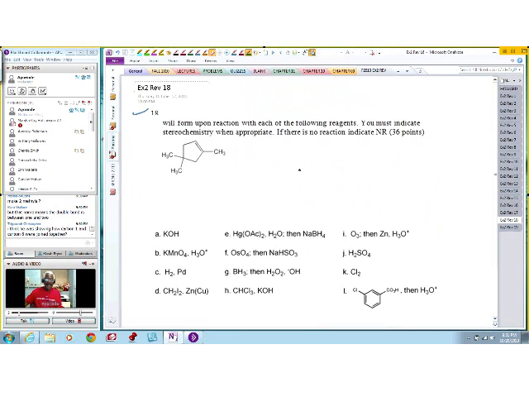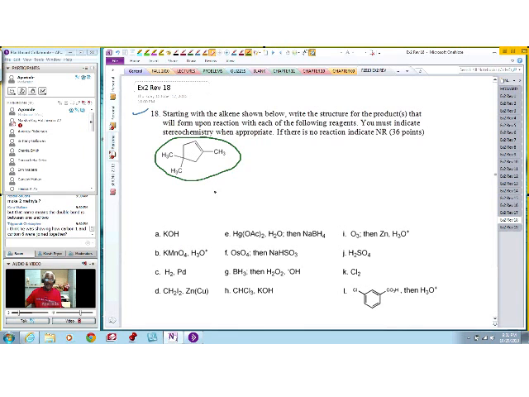Okay, so let us look at this here, 18, and I believe it was Danushika that read that question for us. Thank you. Okay, now what do they have here? They want us to start with this here, and use any one of these reagents and give the product.